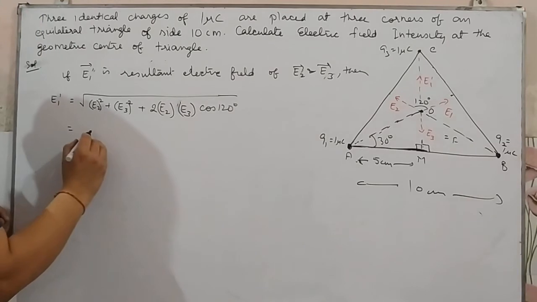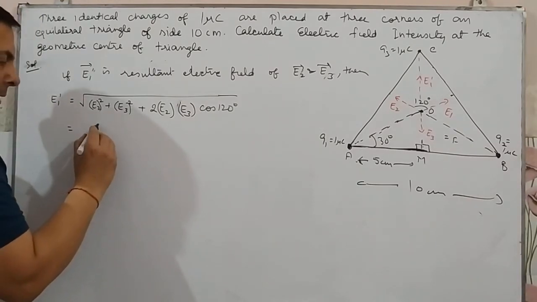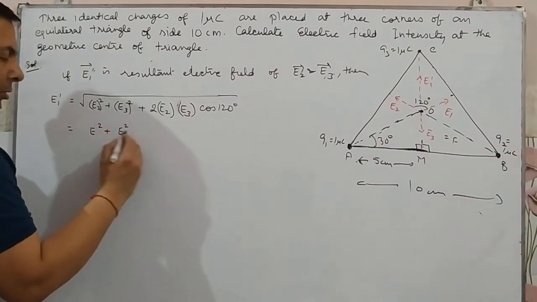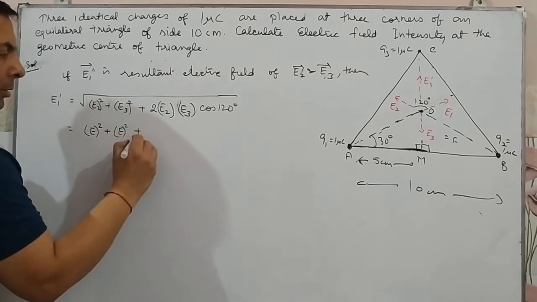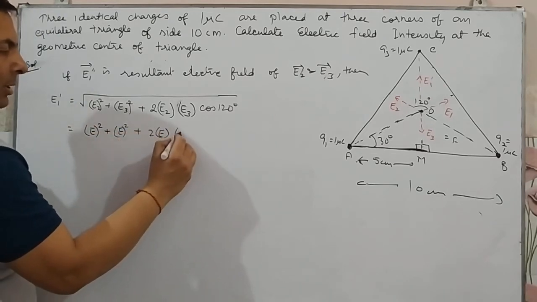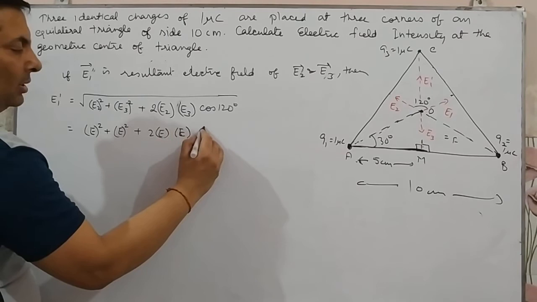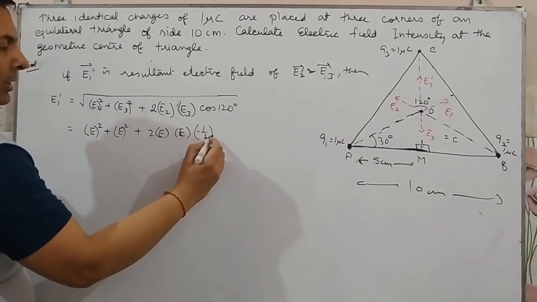So we have, this is denoted as E, E square plus E square plus 2E into E into minus half. Why? Cos 120 is minus half.